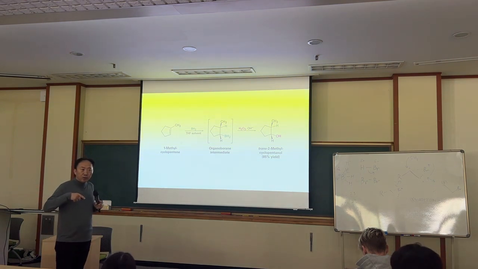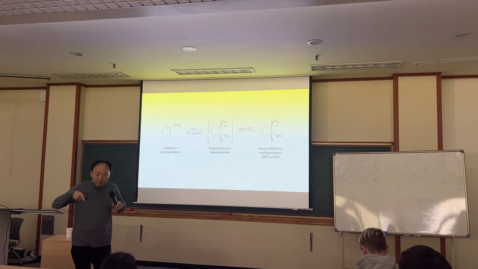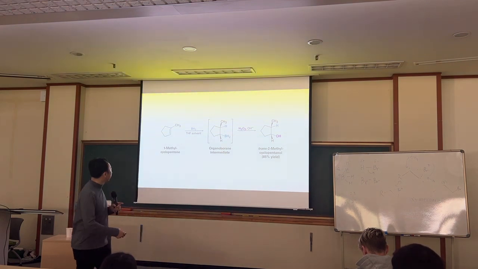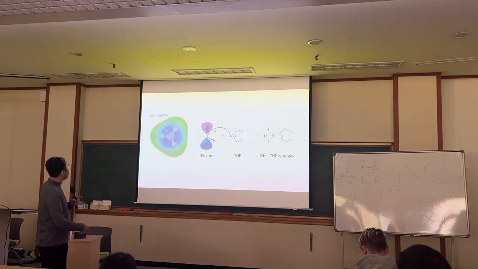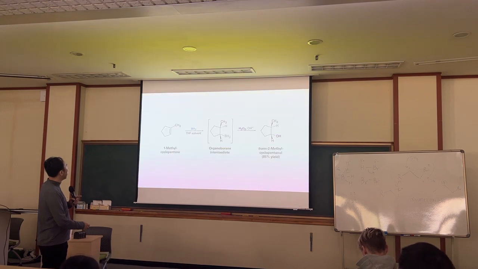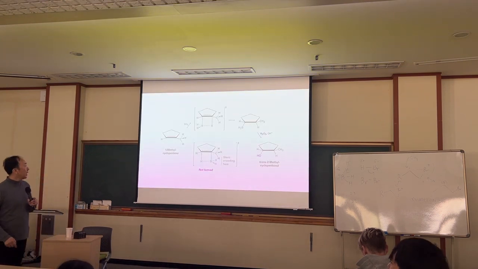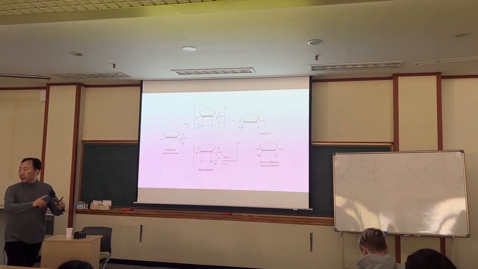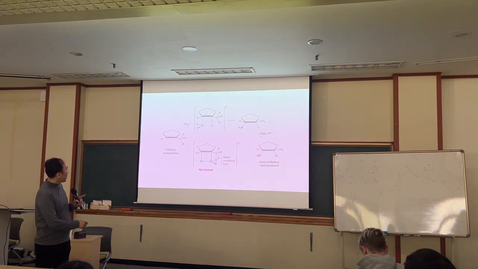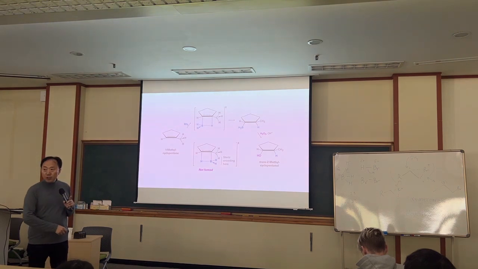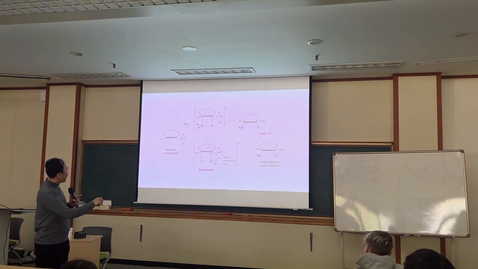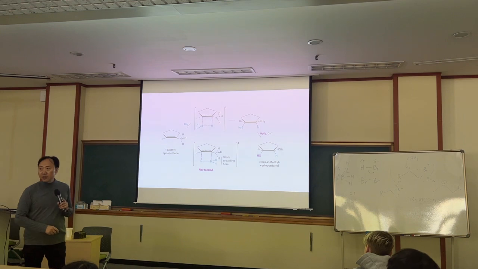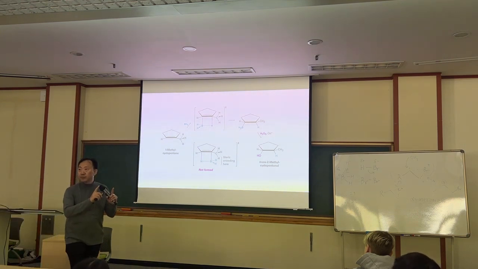When this BH2 and H were added, they were added at the same time from the same direction. And this one is more bulky. That's why it is added to the less bulky position, because it is bigger than the proton, from the same direction.